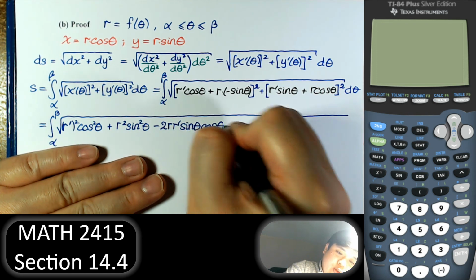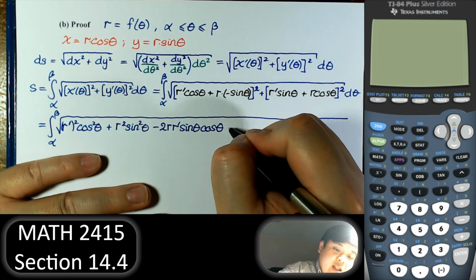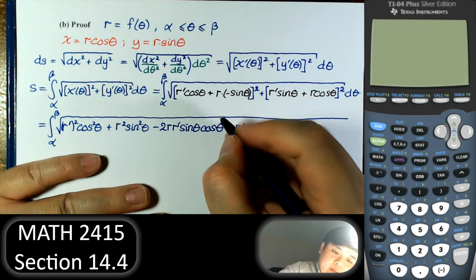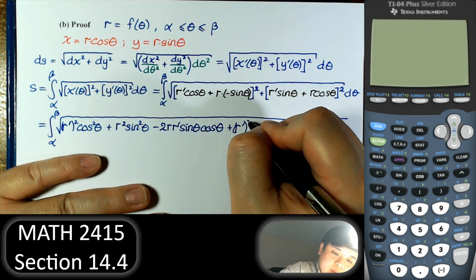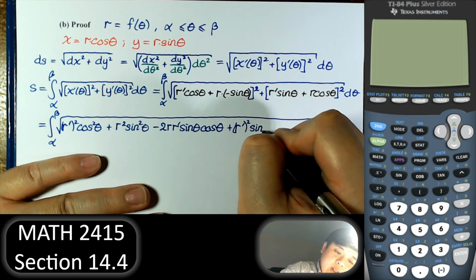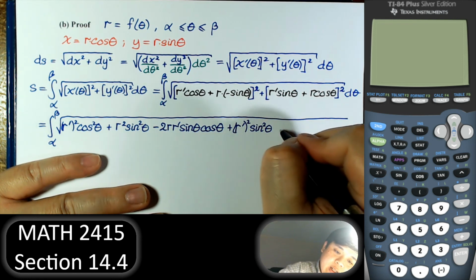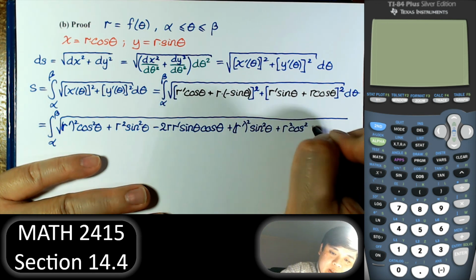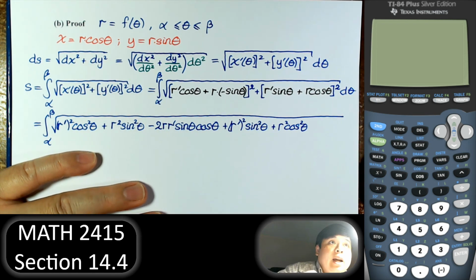I have to write very small because I might not have enough space. Write that, r prime squared sine squared, r squared cosine squared, and this is going to be plus. Yeah.